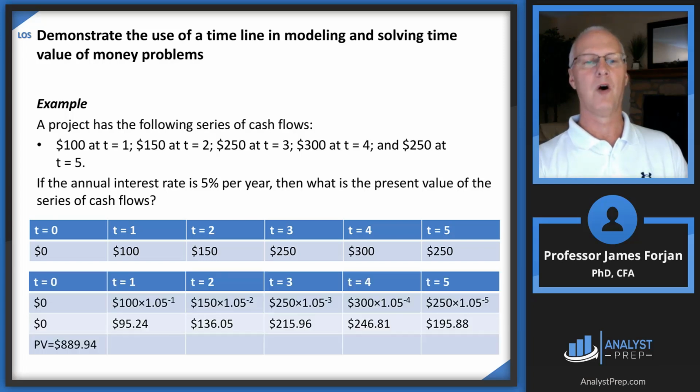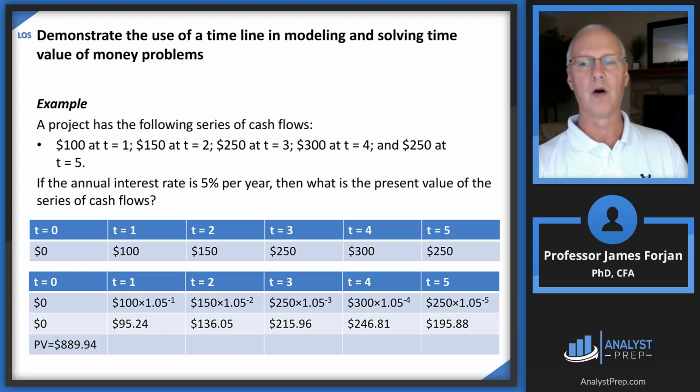Well, let's go ahead and do it the long way. And the long way is going to take us through computing the present value for each consecutive future value. All right, so notice what I've done. The $100 received in time period 1 is worth $95.24 today. The $150 received in time period 2 is worth $136.05 today, and so on as we go in time periods 3 and 4 and 5.